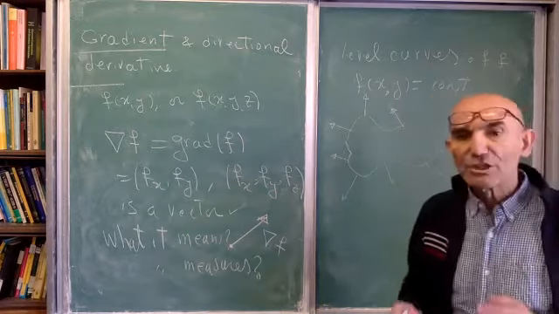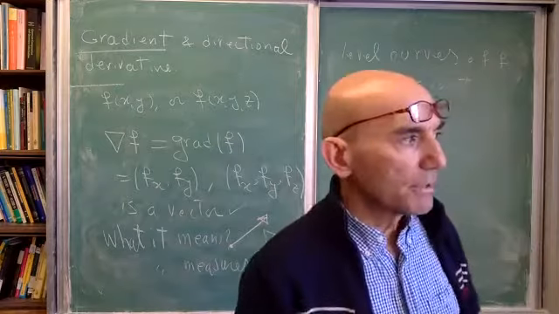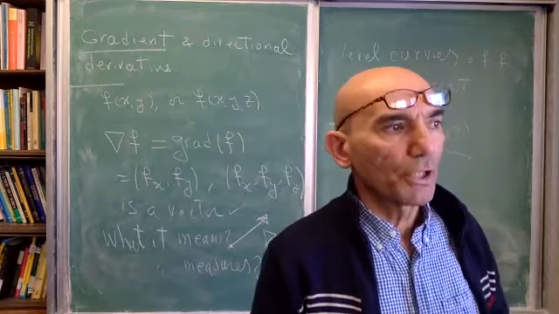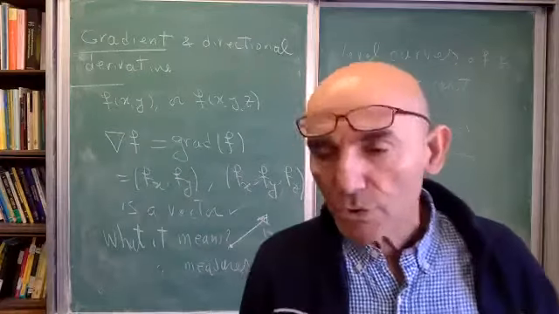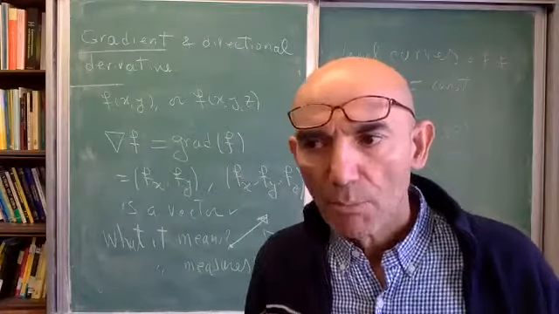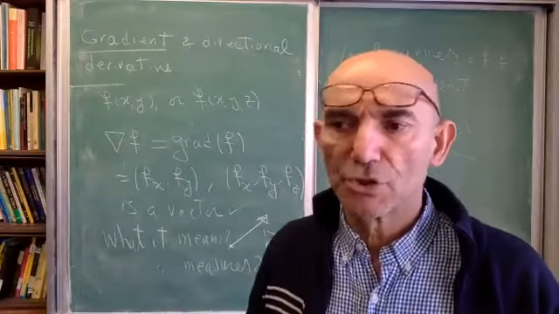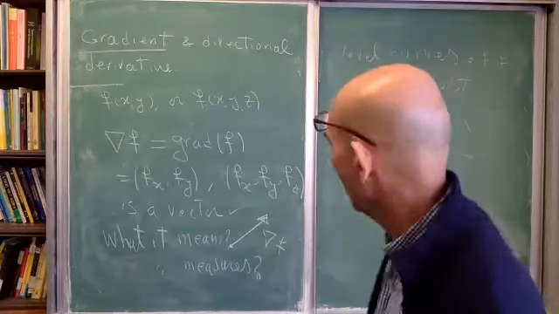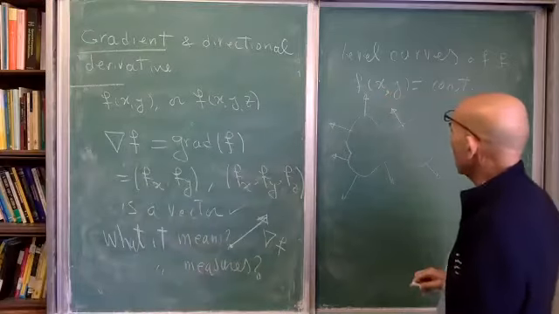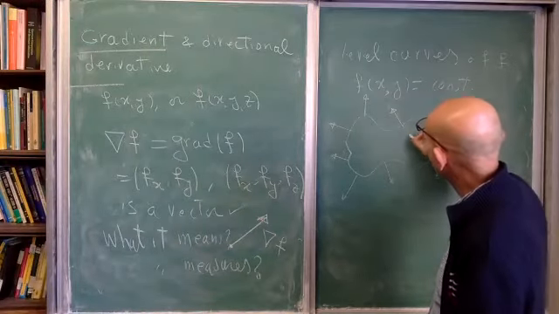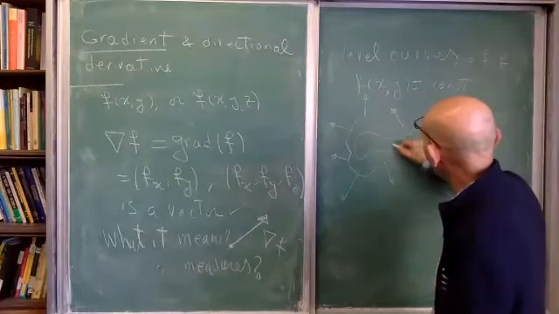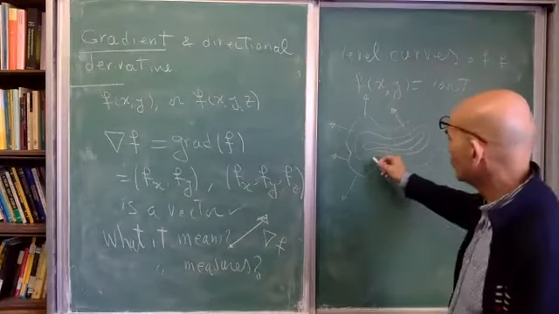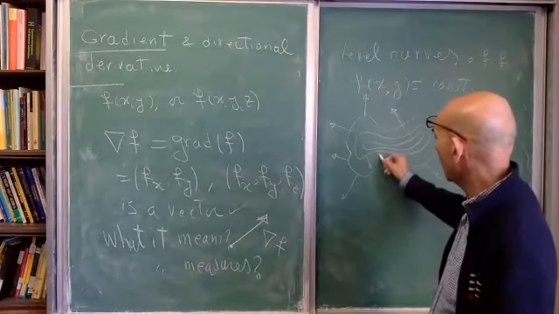So at least the direction of the gradient vector is the direction of the normal to the curve. The magnitude, I'm not saying anything about it right now, but this direction has a very clear geometric picture. It is orthogonal to the level curve. So if you draw another level curve, to all these other level curves also, the gradient is orthogonal.